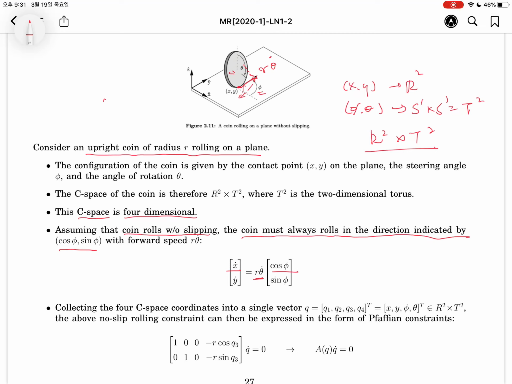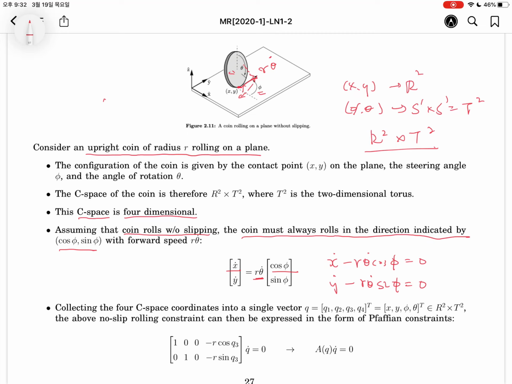The R theta linear velocity is decomposed into the x direction. So x dot minus R theta dot cosine phi will be 0. Maybe this is g1. y dot minus R theta dot sine phi should be 0. This is g2. 4 variables and 2 constraints, it has 2 degrees of freedom.